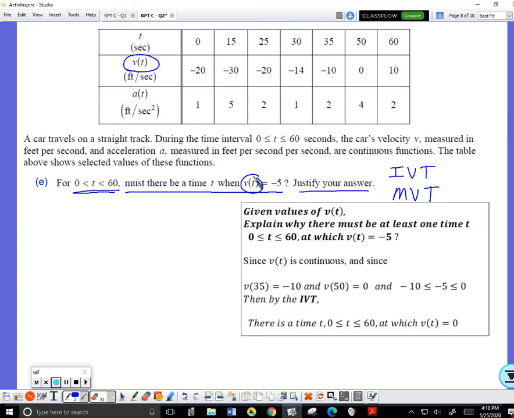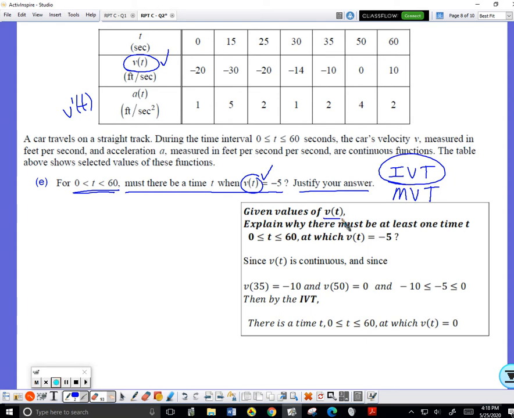They're also giving us values of v prime, because a and v prime are the same thing. But the key is, if I'm given v, and I'm asked about v, that's usually intermediate value theorem. So I grab the box on the golden notes and I check to see if it works.